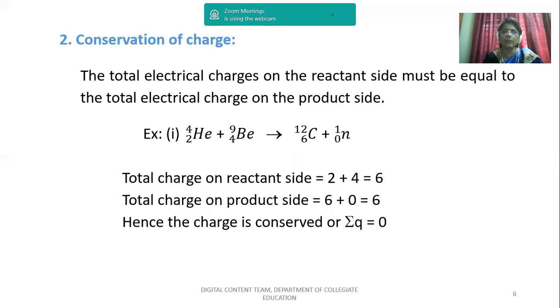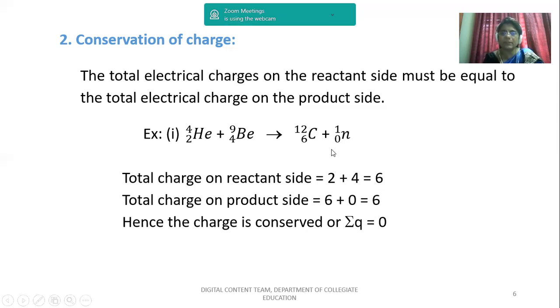You know very well that the proton number or atomic number represents the number of charges associated with that particular nucleus. So considering the charges on the reactant side, charge of the helium plus charge of the beryllium, which is 2 plus 4, is equal to 6.